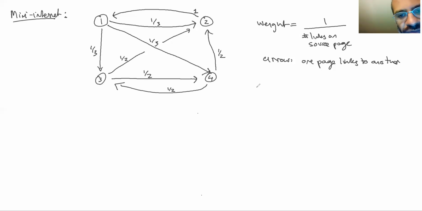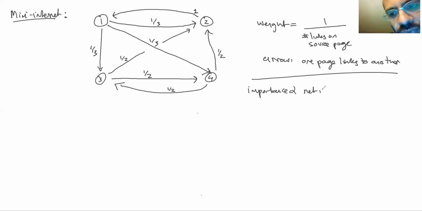And now, what was our formula? I mean, what was the idea behind Backrub? Well, the idea was that the importance is proportional to the net importance of incoming links.